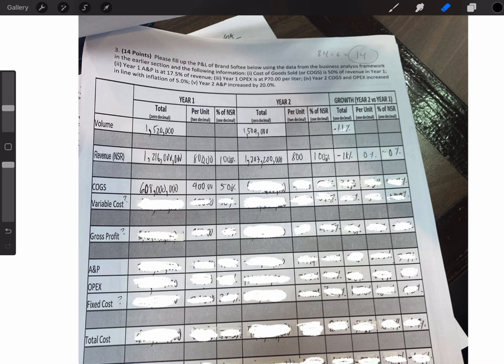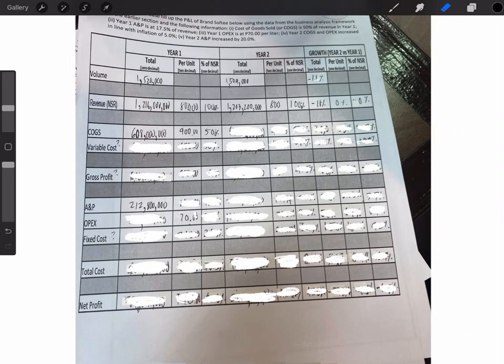And then it says add-in promo in year one is 17.5% of revenue. So do the same thing, just get 17.5% of the revenue. And then it says year one operation expenses is at 70 pesos per liter. So the 70 goes here now. How do we find the operation expenses? Well, we're going to multiply the per unit price by the total volume, and that will give us the operation expenses.